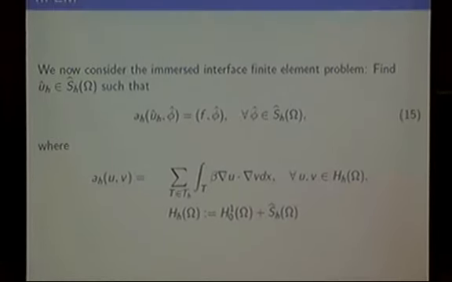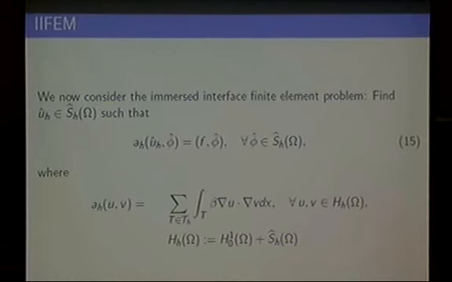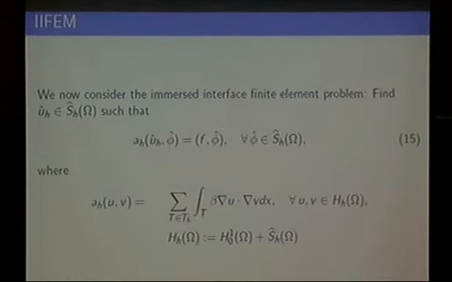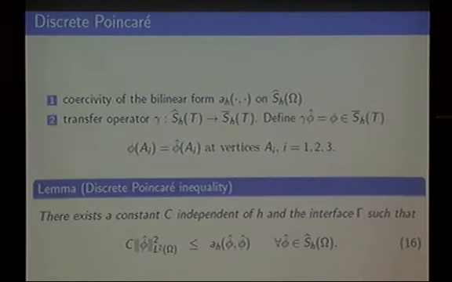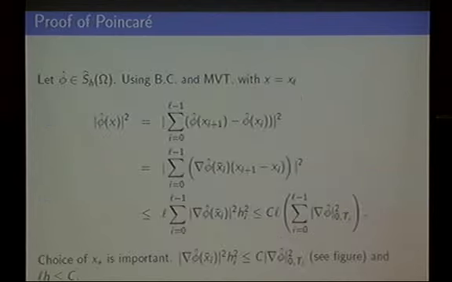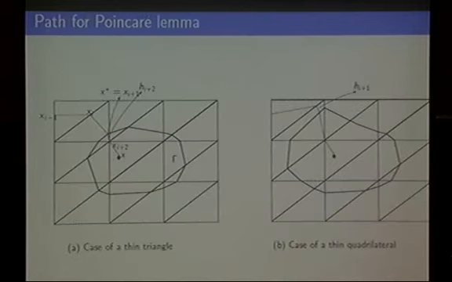And now this is the immersed interface finite element problem. It looks exactly the same as the ordinary finite element problem, but with different basis functions. And to prove it we need a discrete Poincare inequality. Because the function, for example, looks like that.